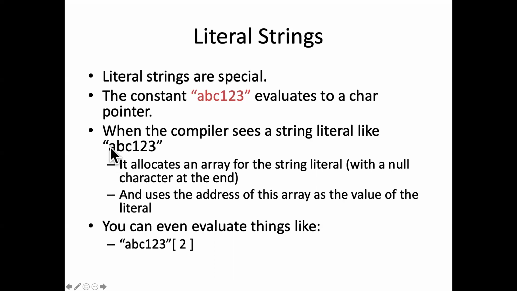Since you can index off of pointers just like they were arrays, it looks a little goofy, but the syntax down here at the bottom works just fine. If you say, give me a literal string ABC123, and then take the char pointer it evaluates to and index 2 elements past the start, this would give you this C right here. I'm making a string, and then I'm looking up element number 2 in the string.